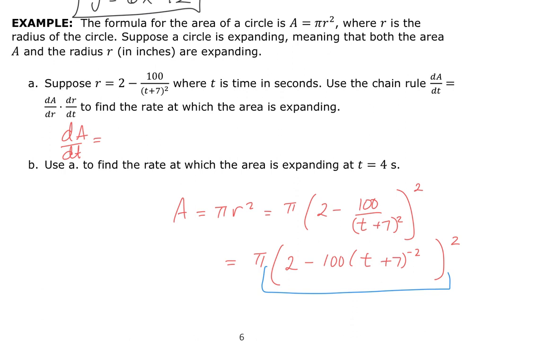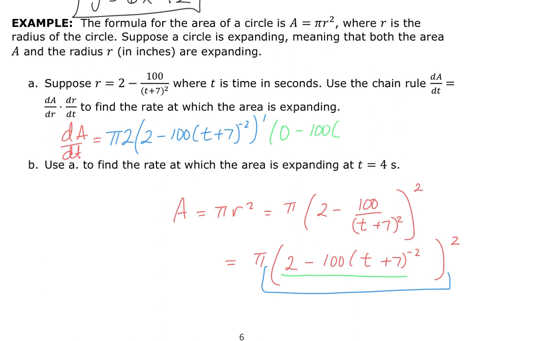So my outer function gives me the pi and the 2. Now I'm going to rewrite everything I underlined in blue exactly how I see it: 2 minus 100 (t plus 7) raised to the negative 2, now raised to the 1 power. Now I'm going to take the derivative of my inner function. The derivative of 2 is 0, so I'm going to write that: 0 minus, and then I have 100 as a multiplier.